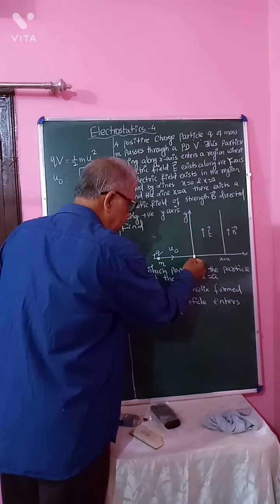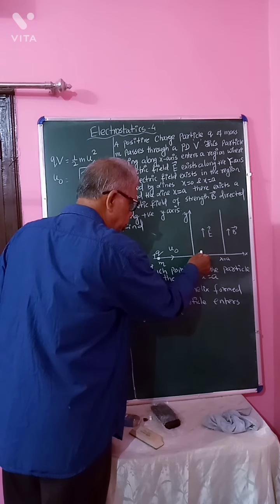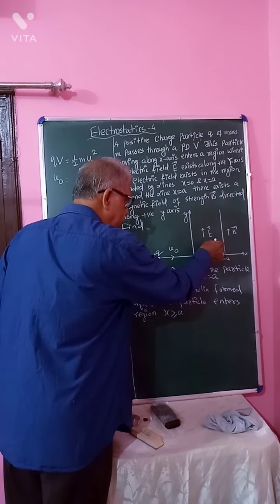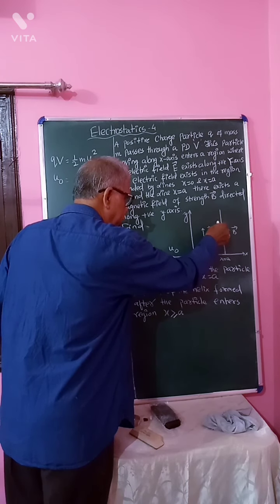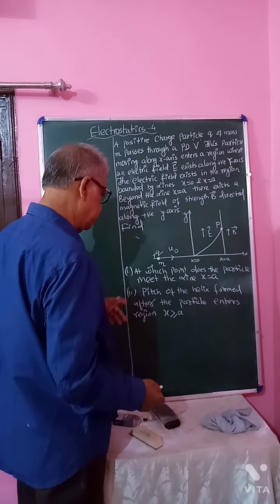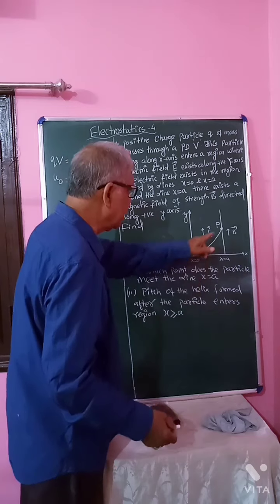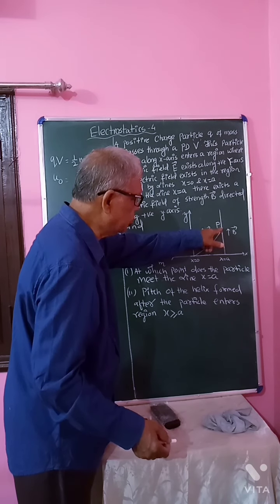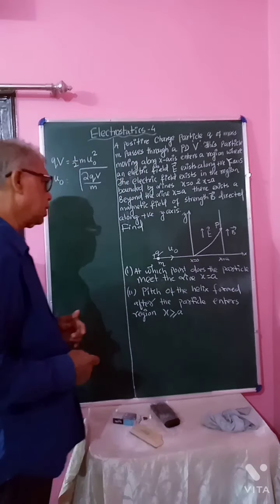Now the charge has initial vertical motion 0, gains velocity along the y direction, and strikes the line x equal to a, say at point P. We have to find at which point the particle meets the line x equal to a. Now the coordinate of the point P is to be determined. How to find it?